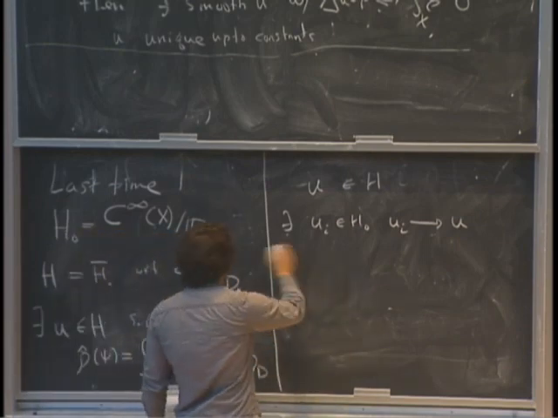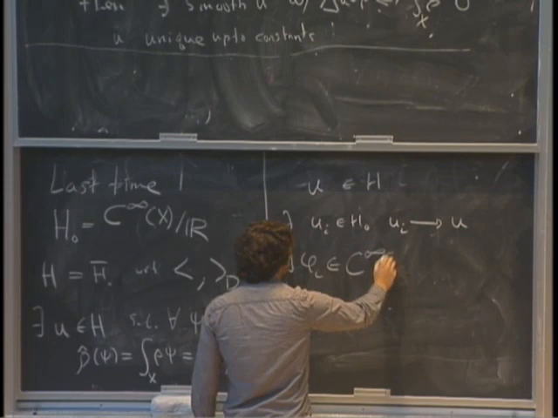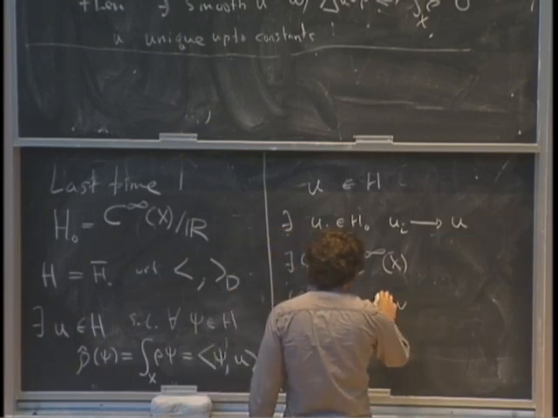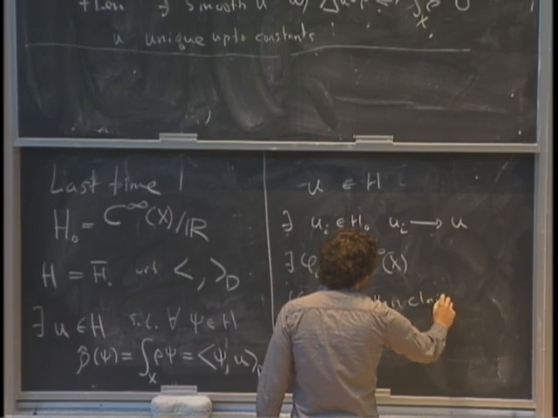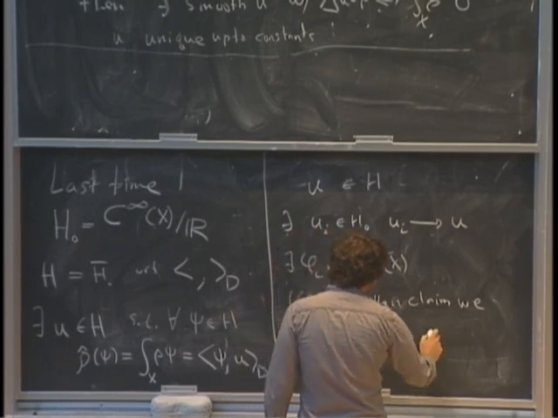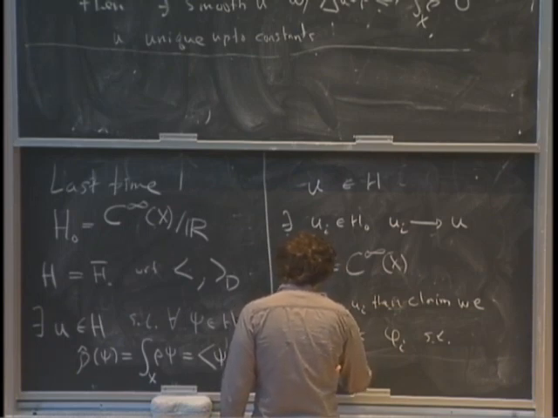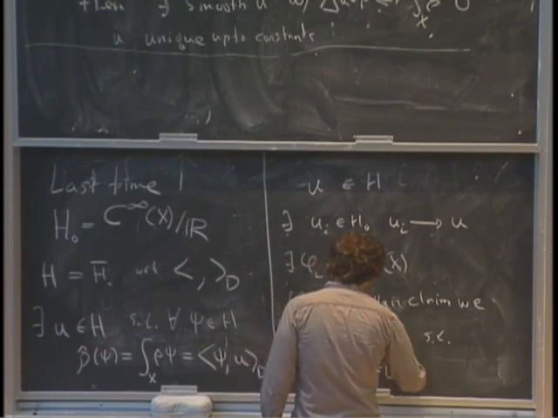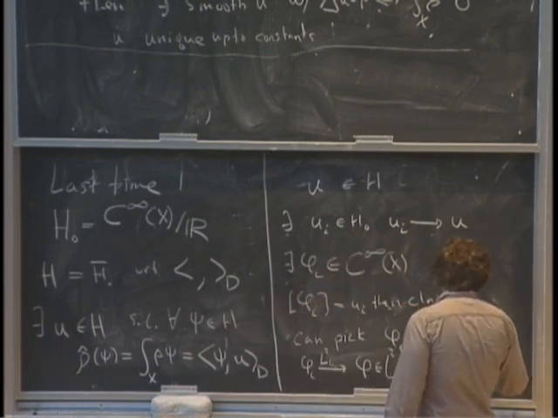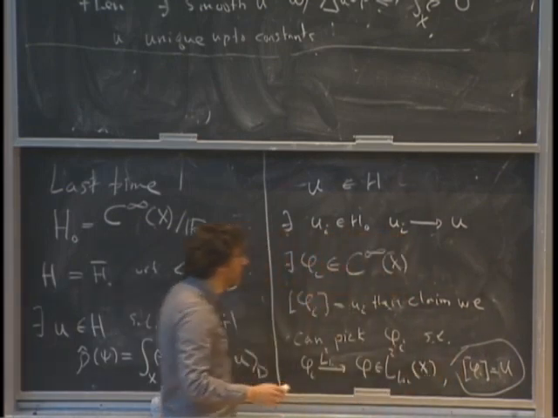What we want to say is that there exist phi_i in smooth functions of X, so that the class of phi_i is equal to U_i, and the claim is that we can pick the phi_i such that they converge locally in L2 to some phi, which is locally in L2 on the space X. And then the class of phi is supposed to be U. This is just an intuition.